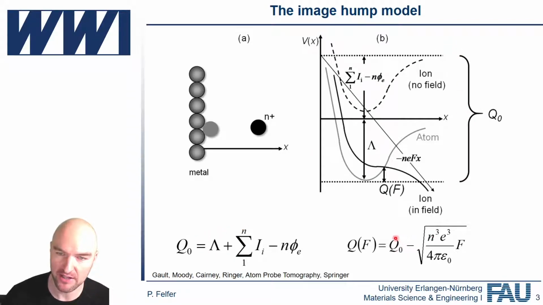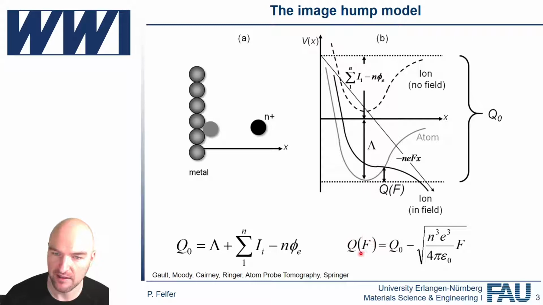And our energy barrier is this total energy, which is the sublimation energy that I need to put in, plus the ionization energies, while gaining the work function, n times the work function.